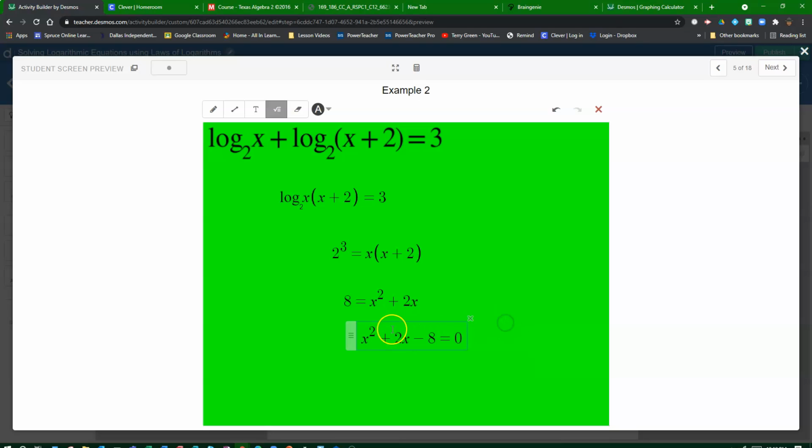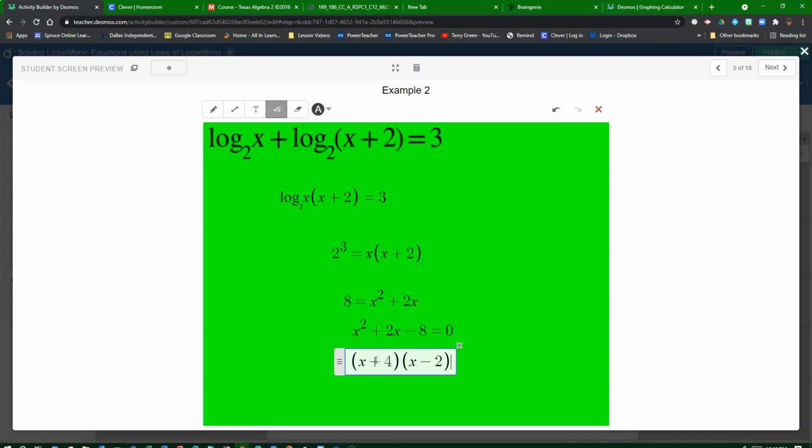Now if you want to solve a quadratic, you know you've got to get one side equal to 0. If we can come up with two numbers that multiply together to give us negative 8, but if you add them together you get positive 2, then we can factor this. Immediately the numbers that come to mind are 4 and negative 2. So I'm going to factor this as x plus 4 times x minus 2.